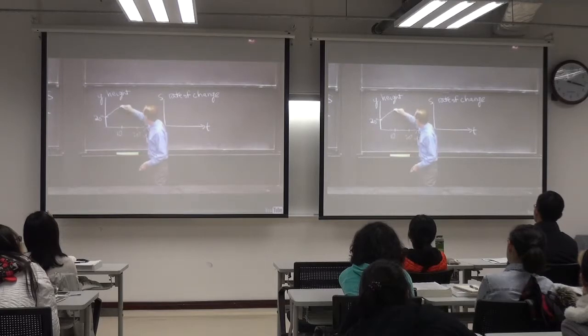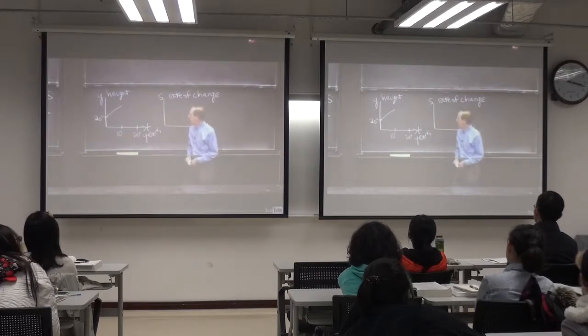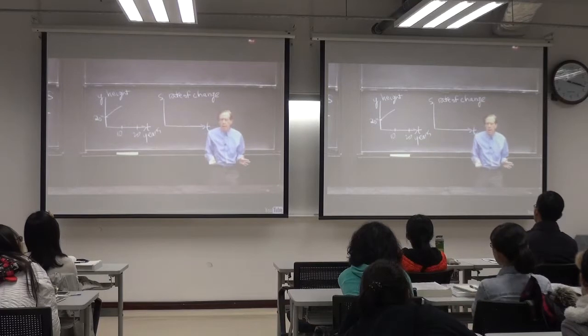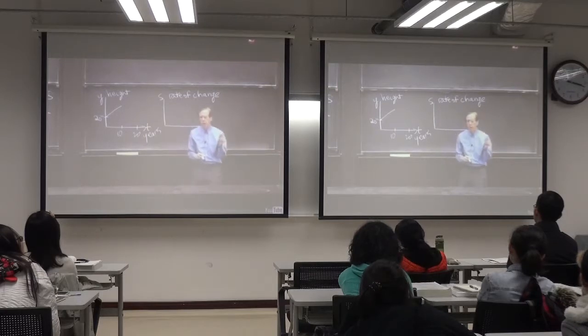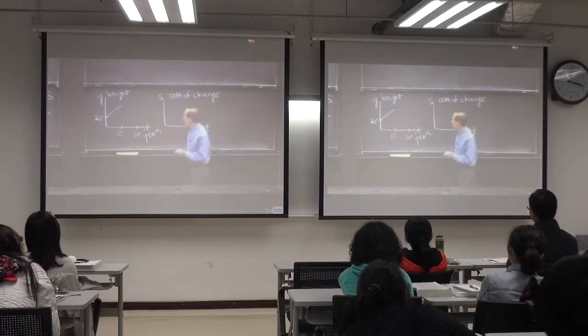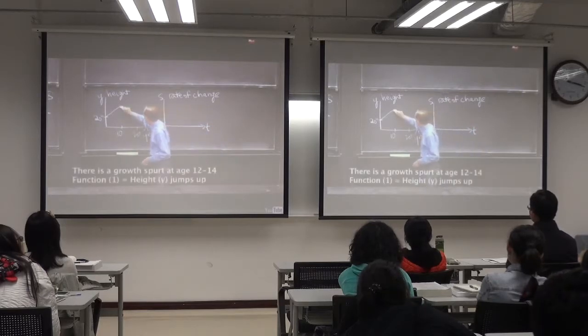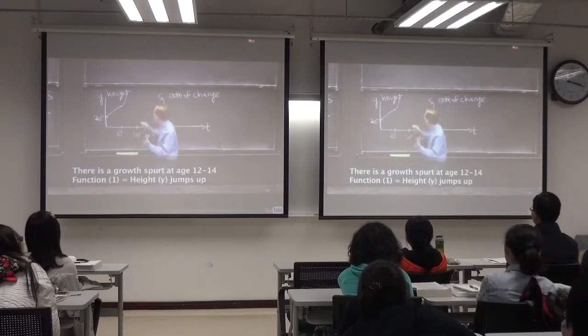And then, at about maybe age 12 or 13, there's a growth spurt. And maybe the point is, how do we see that growth spurt on the two graphs? Differently, but it's the same growth spurt. Okay, so here your height suddenly jumps up. Boy, you catch up with everybody.